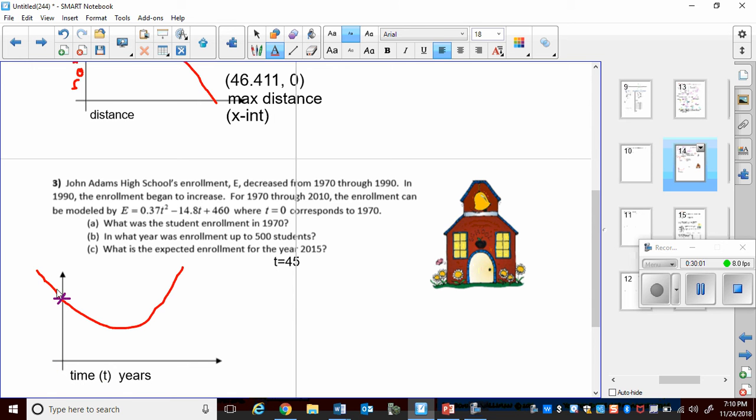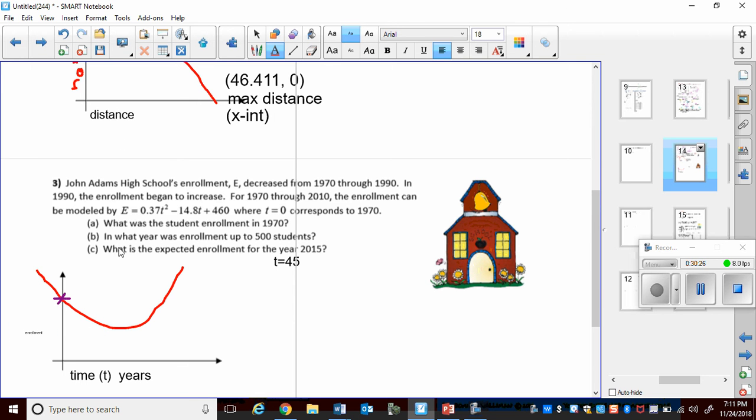Now on the right, we have the enrollment over time. I'm going to see if I can shrink that a little bit, and it won't let me do what I want. But anyways, I'm going to just move this down, and along the y-axis I have enrollment.